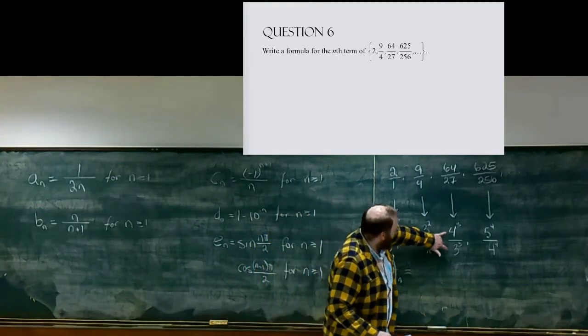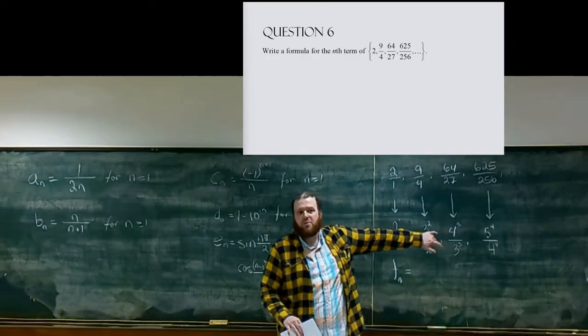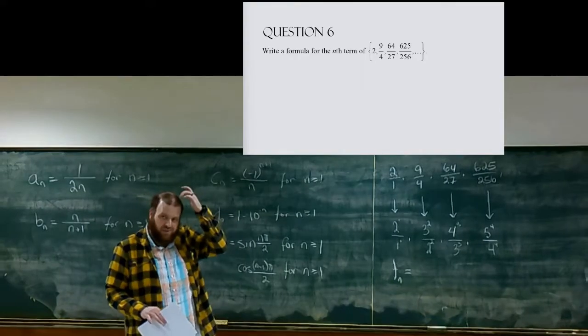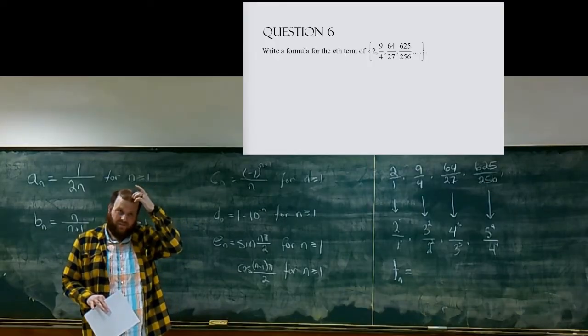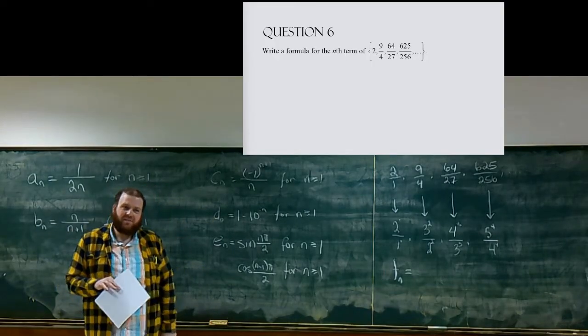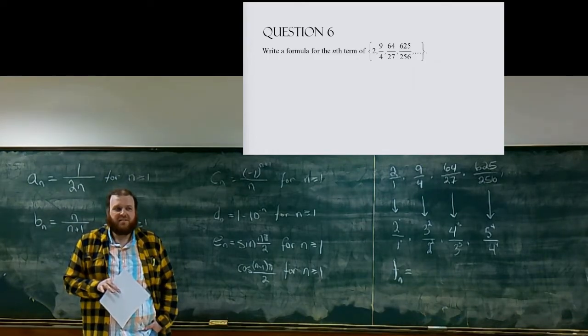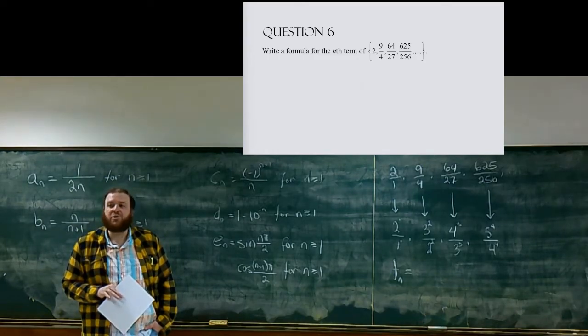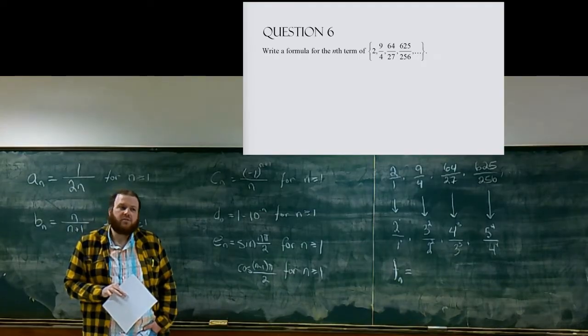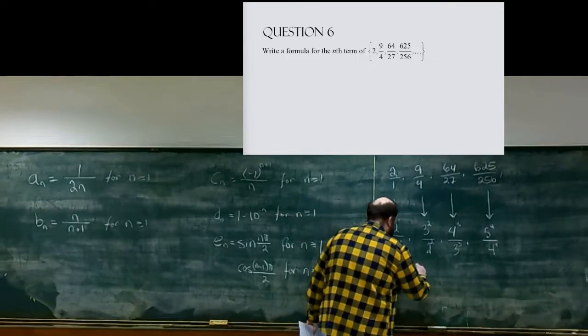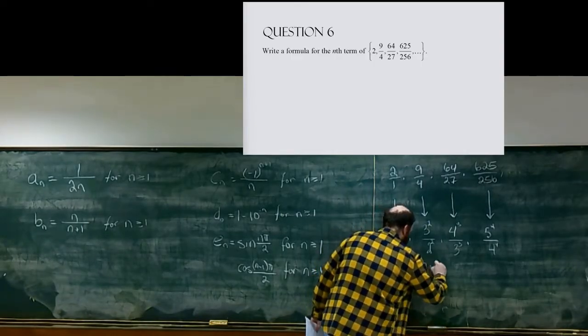So this is the first term, second term, third term, fourth term. What's the power going to be for the nth term? So what's the exponent? Oh. Just n. Now the question is, what are we raising to the nth power? N plus 1 over n.